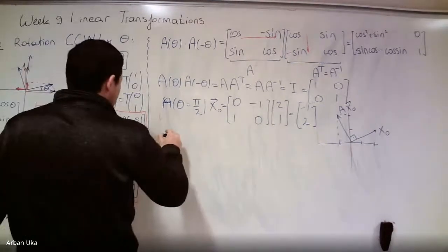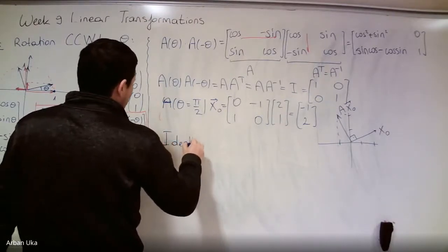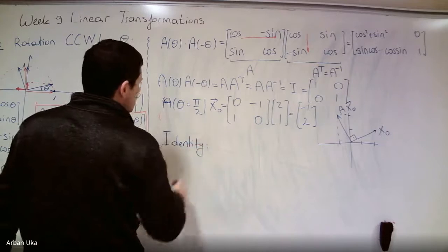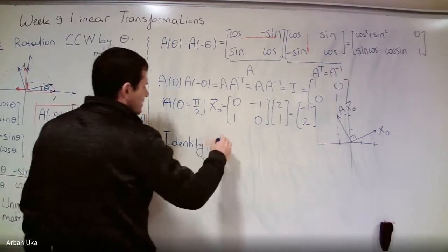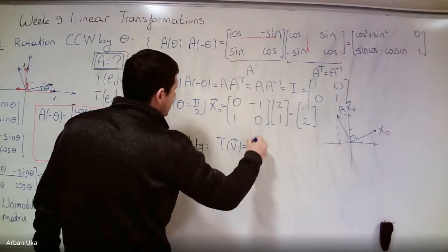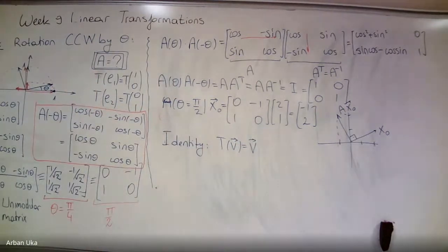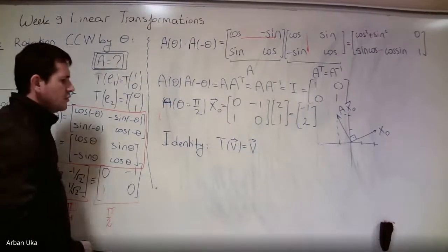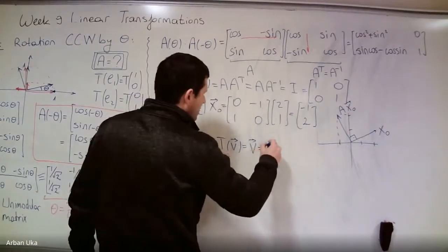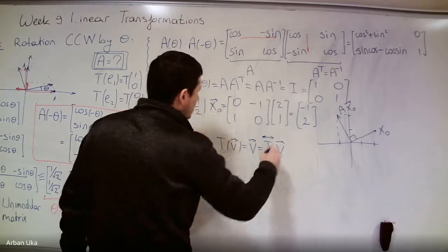Now this was just a rotation linear transformation. Now we can have an identity linear transformation, and identity linear transformations are defined such that Tv is equal to the same vector v, and the matrix representation should be the identity matrix. So we can even write this as the identity matrix times any vector v.